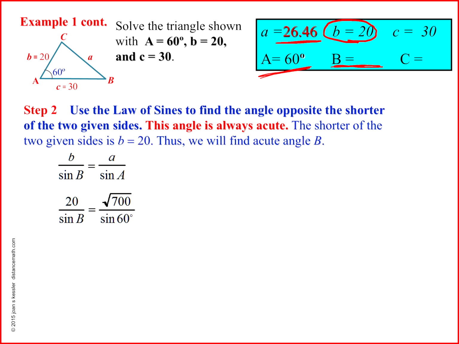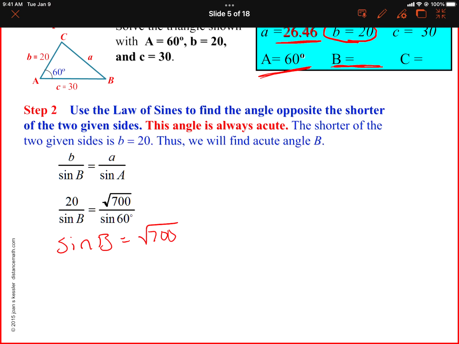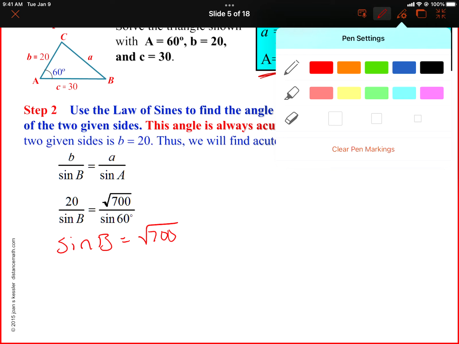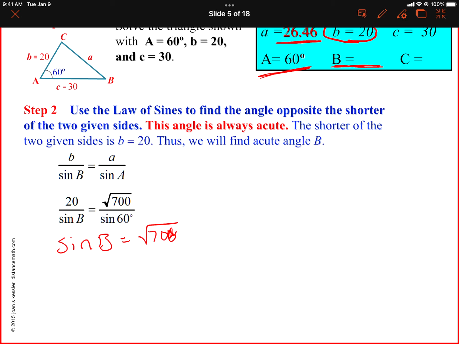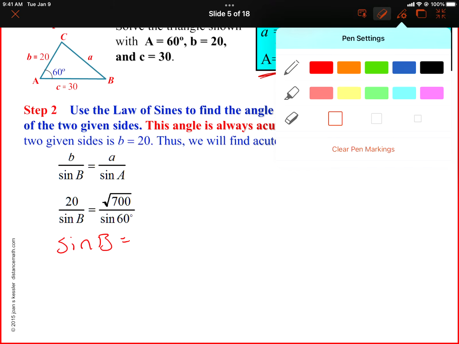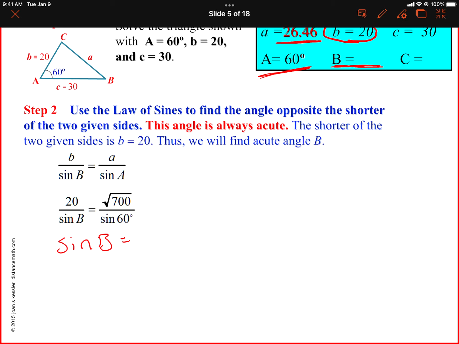Now we want to solve for B. Whoops, I did that backwards. Let me erase that real quick. Okay, sine of B is going to equal 20 sine of 60 divided by the square root of 700.